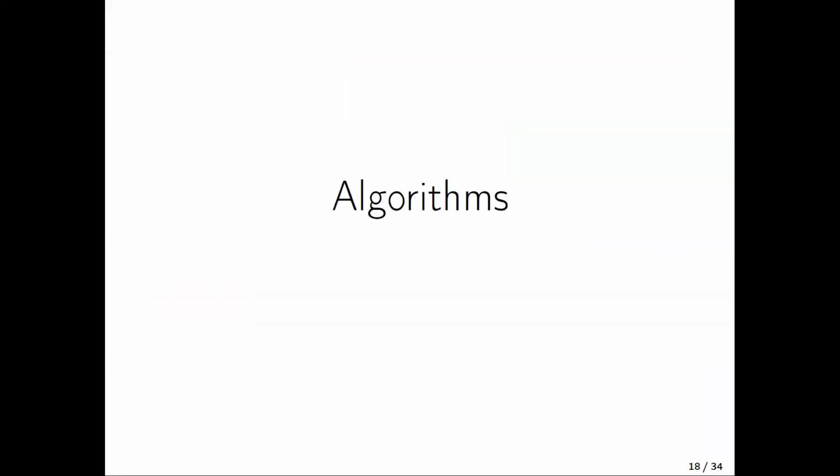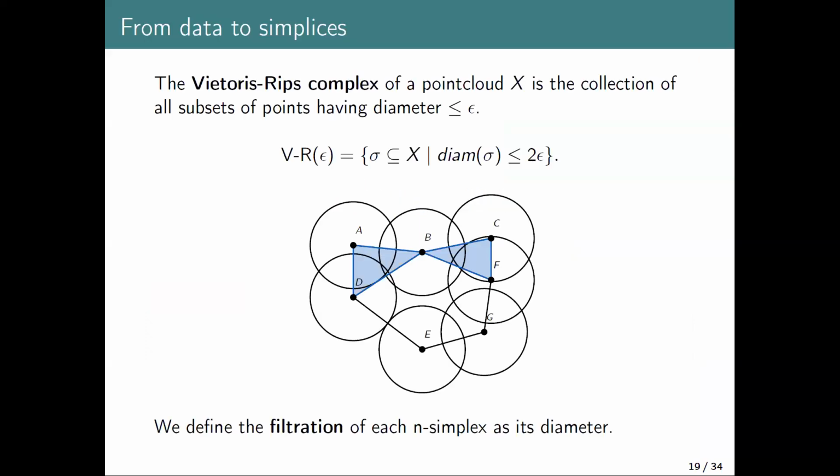Okay, let's switch to algorithms because we want to compute things in an efficient way. The main idea is that usually when you're starting from points, you use the Vietoris-Rips complex construction that Nicolas mentioned already. So basically you connect points that are closer than a certain threshold, and then you let this threshold go to infinity.